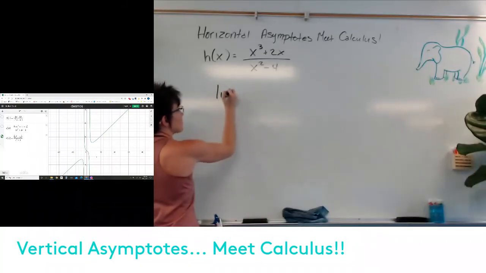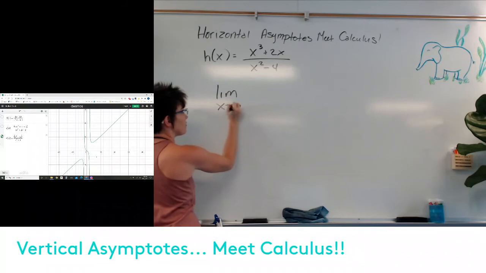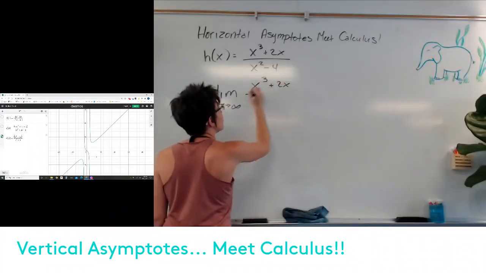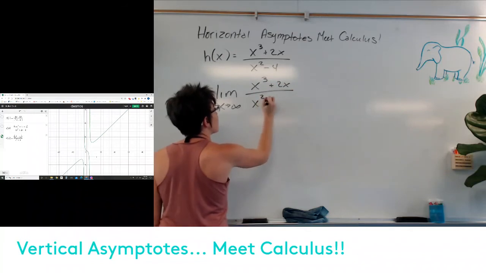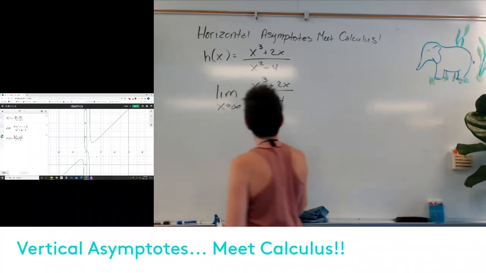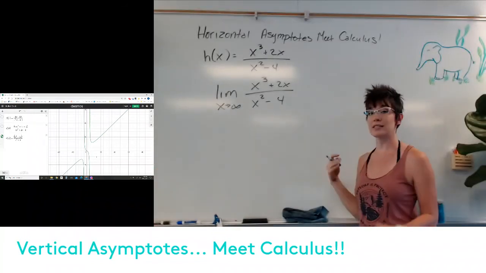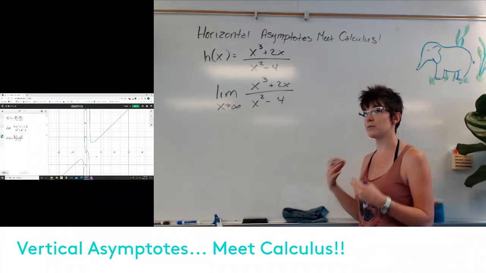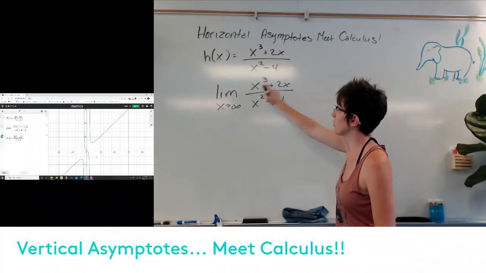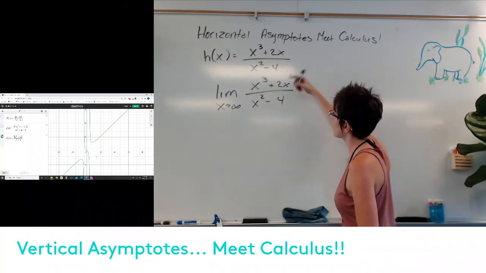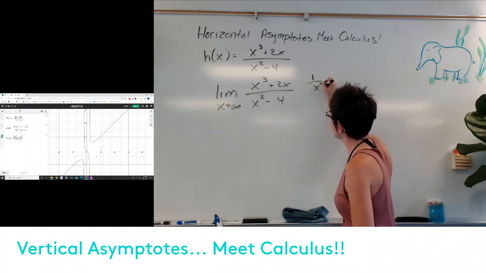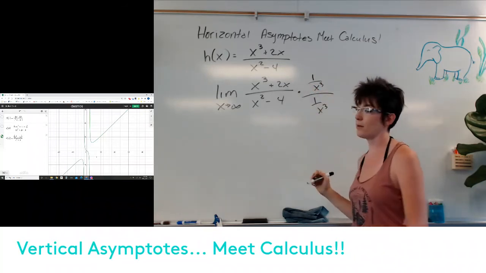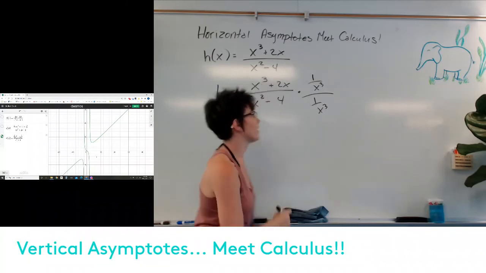So the limit as x approaches infinity of x cubed plus 2x all over x squared minus 4. I'm going to use that same technique of dividing by the highest power. The highest power in this situation is 3. So 1 over x cubed all over 1 over x cubed. And I'll multiply. Again, that essentially winds up being dividing.